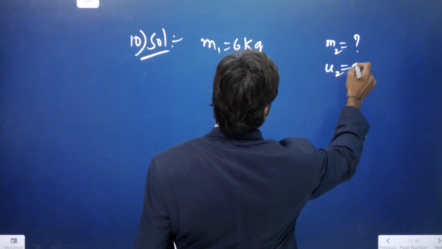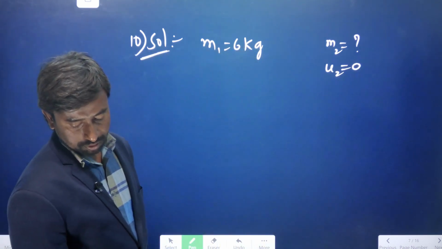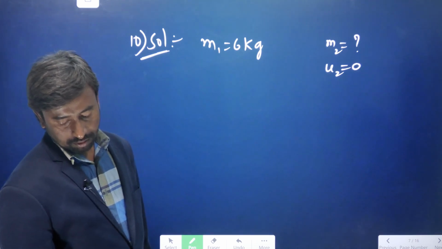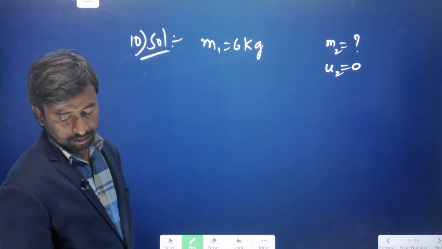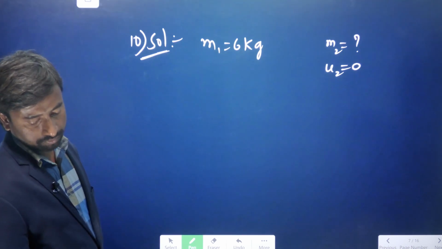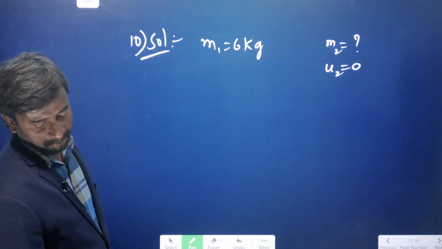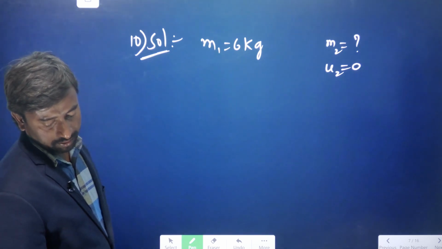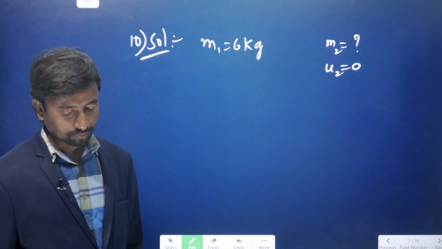And the first body then moves in the same direction with its speed reduced to 1/2. The second body moves with the same velocity as that of the first body. Then what is the mass of the second body?